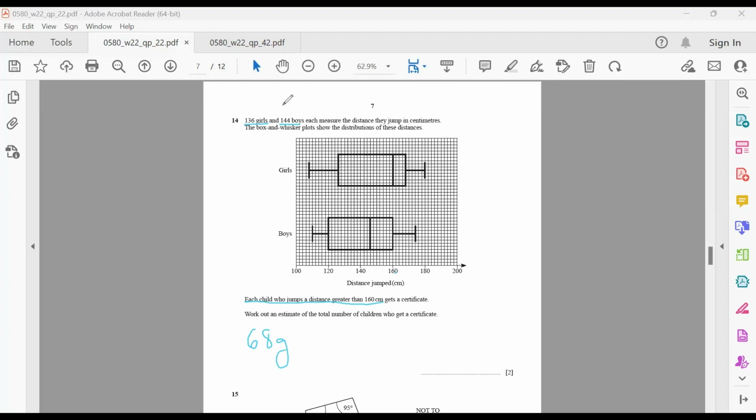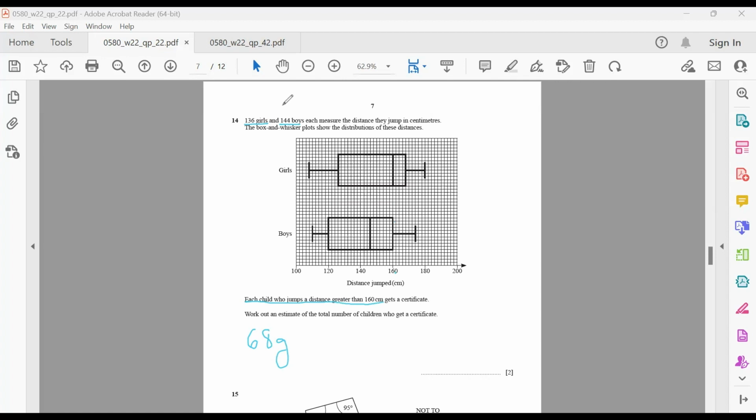And then if we look at the boys, 75% of the boys jumped greater than 160. So that leaves 25% of the boys.